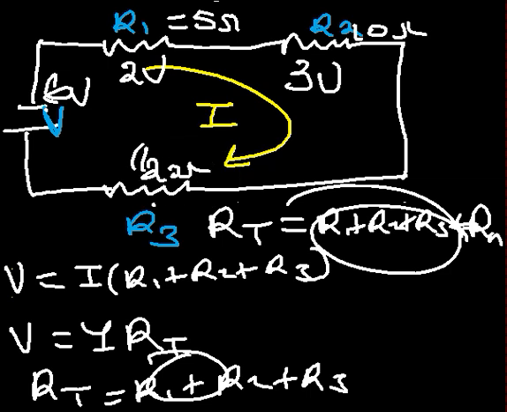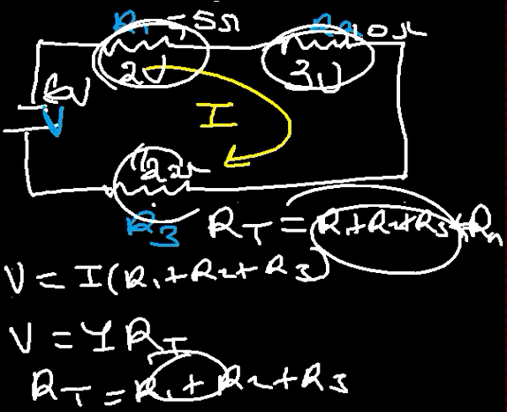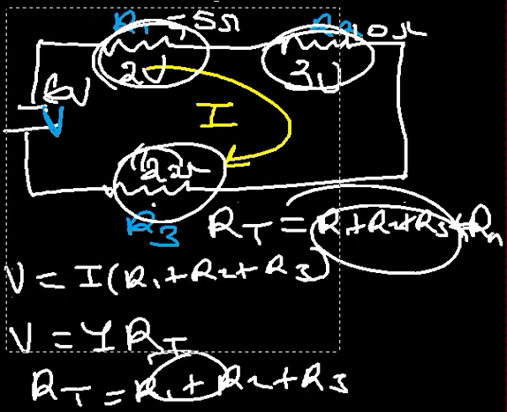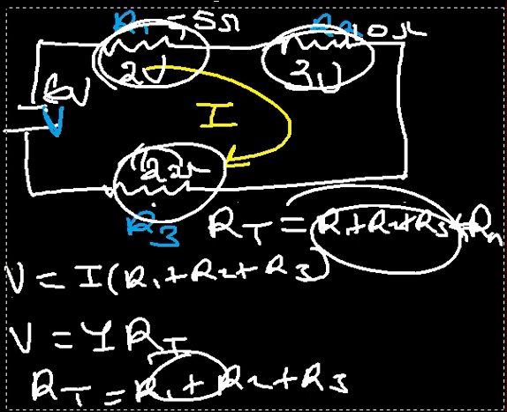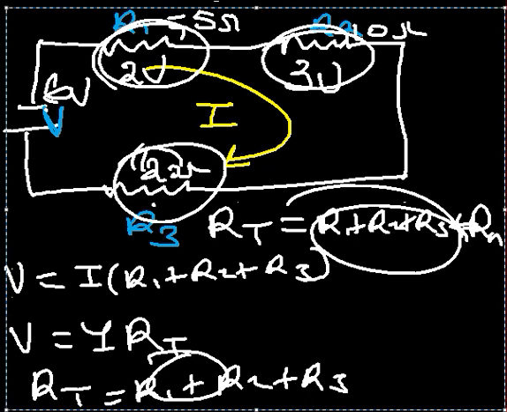Whenever resistors are connected in series, their opposition to the flow of the current increases. That's why the total resistance for resistors connected in a series circuit is critically more. So take note of that.